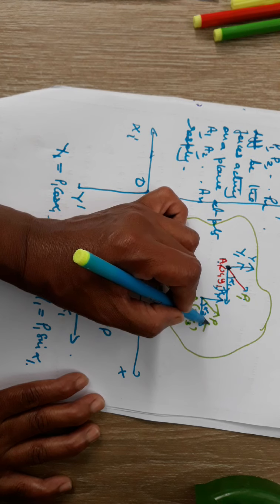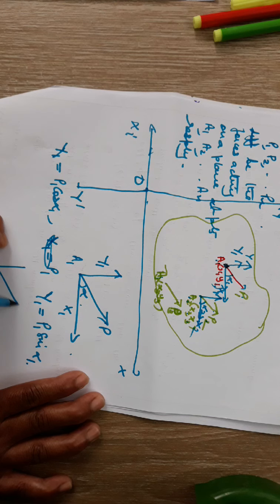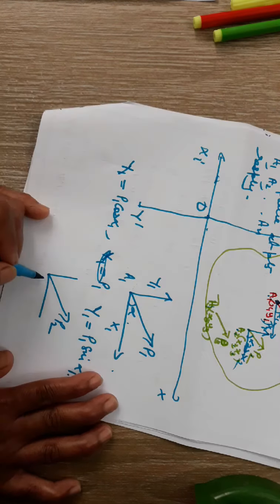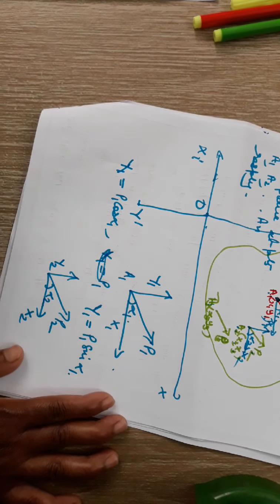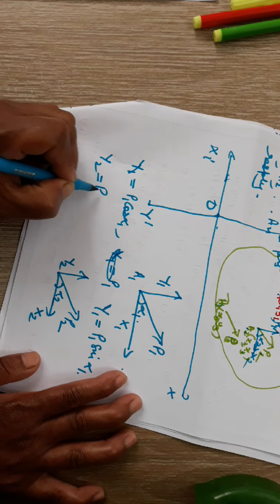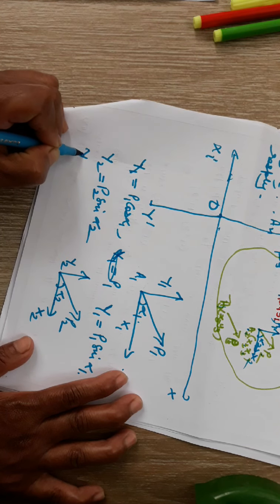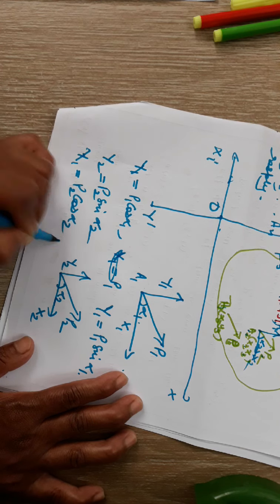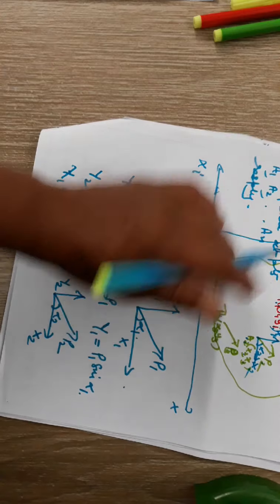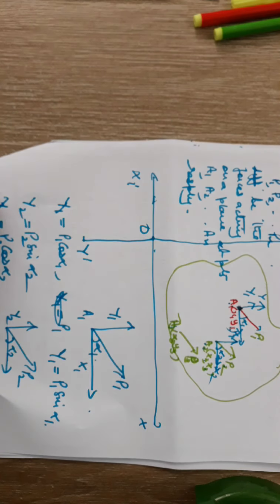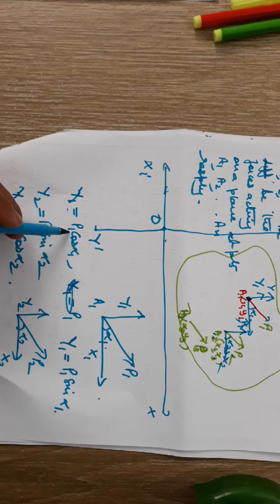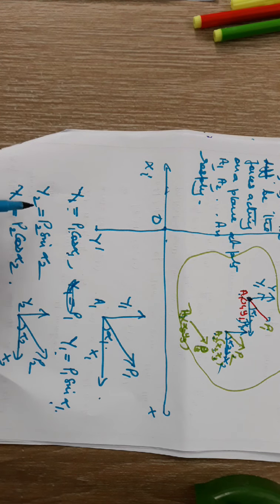The components of force P2 are denoted by X2 and Y2, where alpha 2 is its angle, such that X2 is equal to P2 cos alpha 2 and Y2 is equal to P2 sin alpha 2. Similarly, the forces P3 and so on can be resolved along the x and y axes respectively.